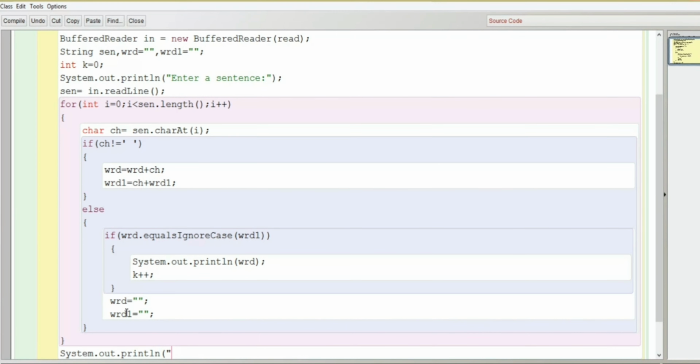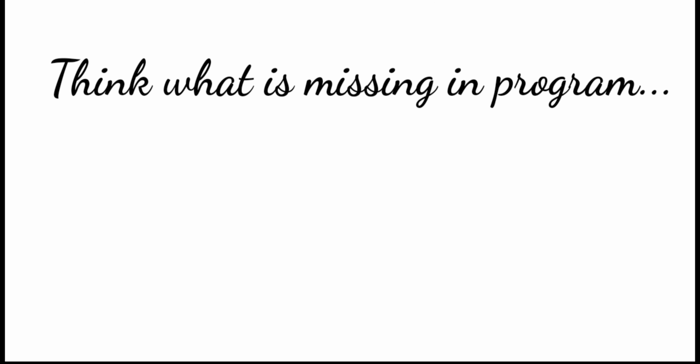That's why you have to erase the previous word. And now I want to display the frequency of palindrome words. That's why I am writing frequency of palindrome words is equal to k, because I am collecting and counting it in k.